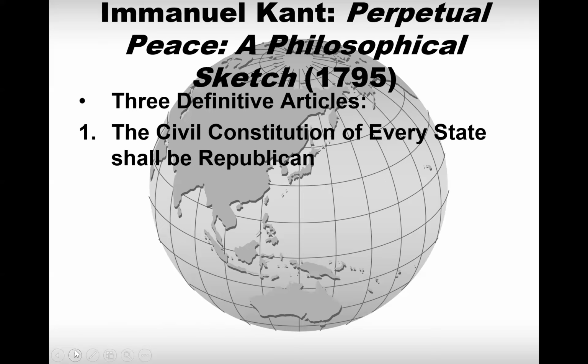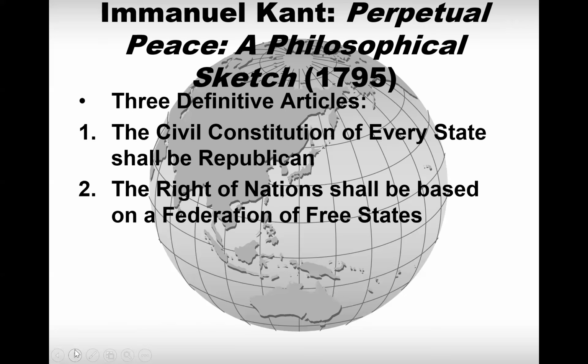So republican here means that there is some popular sovereignty. So sovereignty here resides in the people. This will be seen as a republican form of government. So the civil constitution of every state shall be republican, meaning that they should be republics.